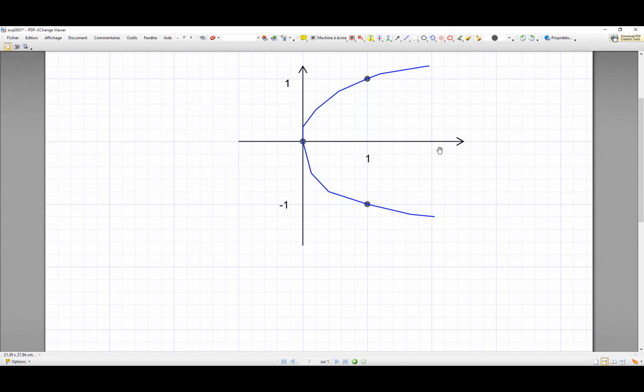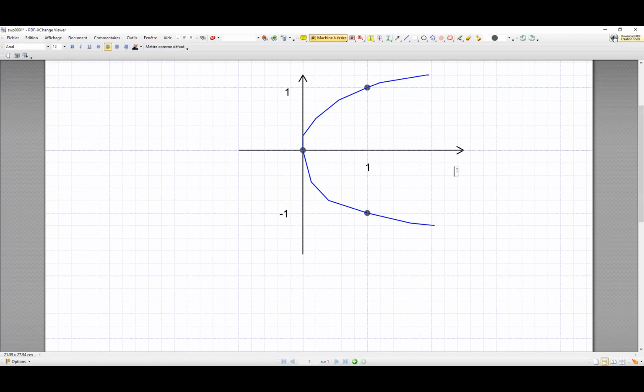Good, Omar. Oh, I didn't label my axes. That's bad. This is X, and this is Y.